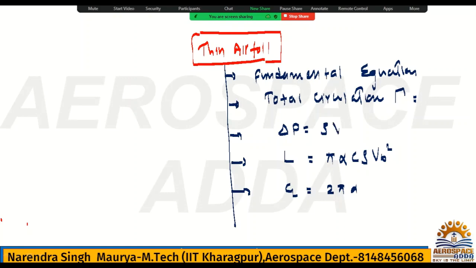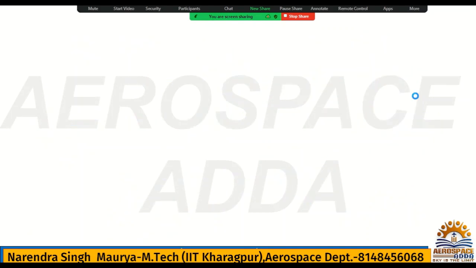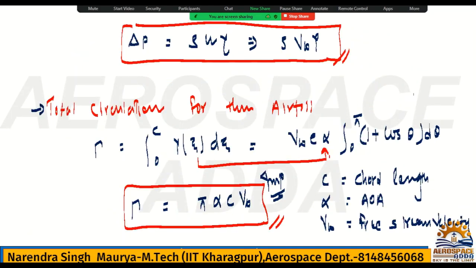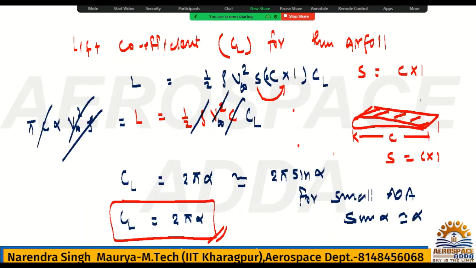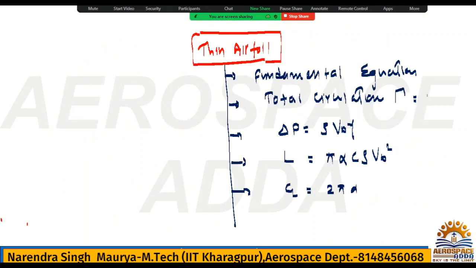Similarly, rho v infinity gamma you had calculated, and circulation I don't remember. Let me check what the value was. So pi alpha c v infinity. If you remember this, then you may be able to solve the question, no issue.